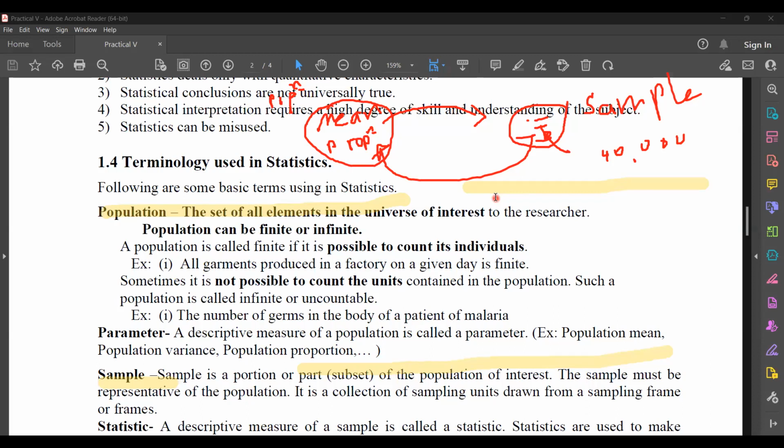For example, if you are going to study the individuals in Sri Lanka, then all the individuals in Sri Lanka become the population.